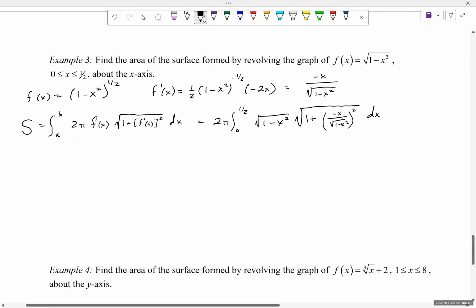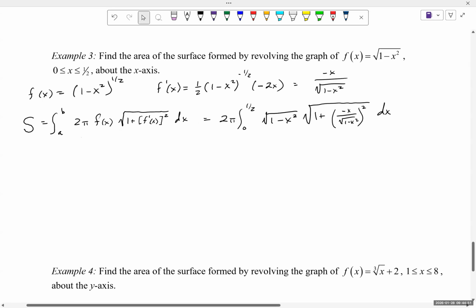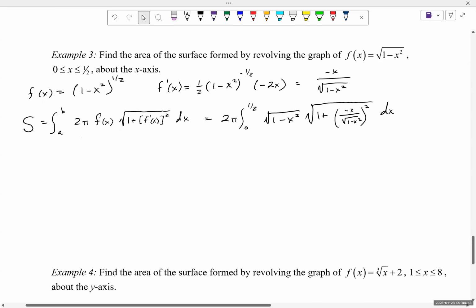Okay, so there it is in all of its glory. And again, at first, it looks like a horror show. Our hope is to be able to rewrite this in such a way that's going to simplify so we can take a reasonable integral. Any questions on the setup so far?